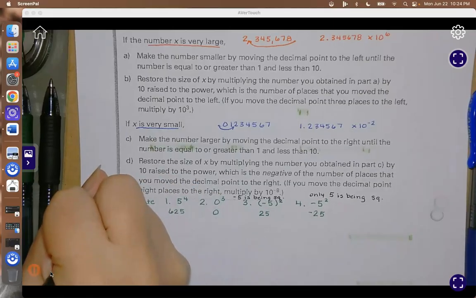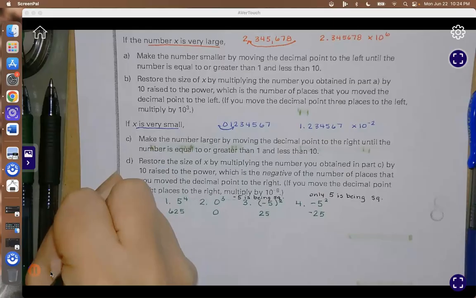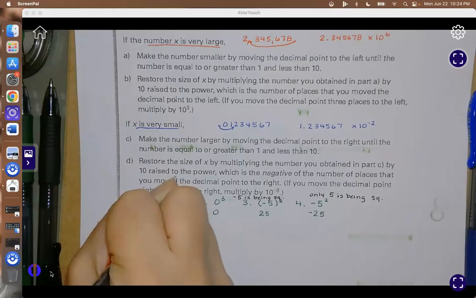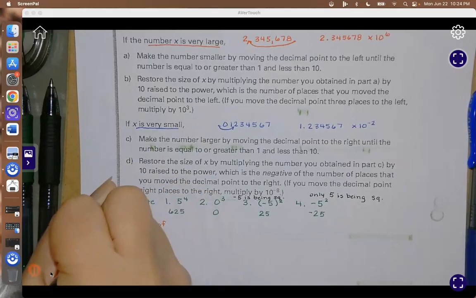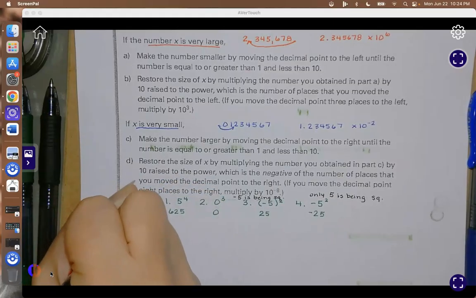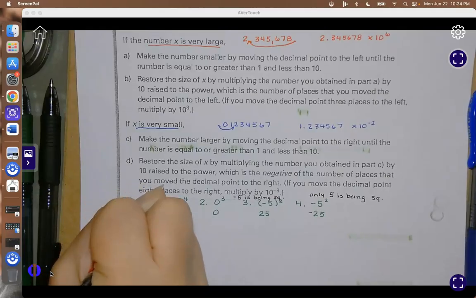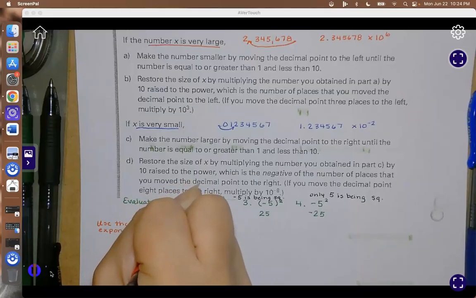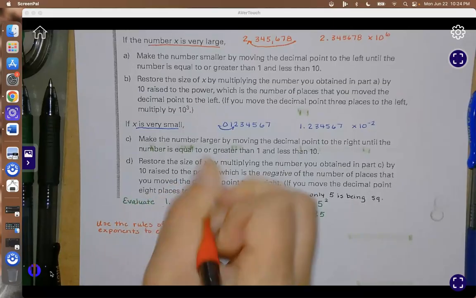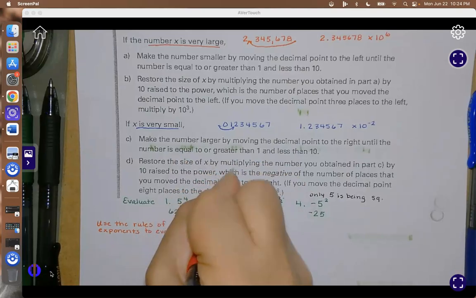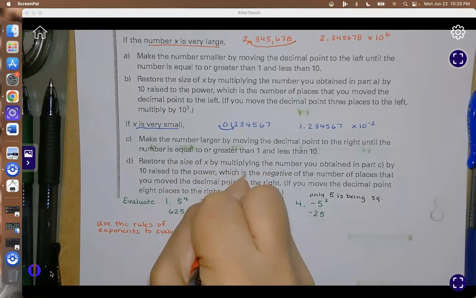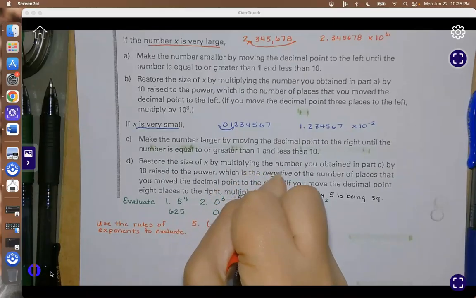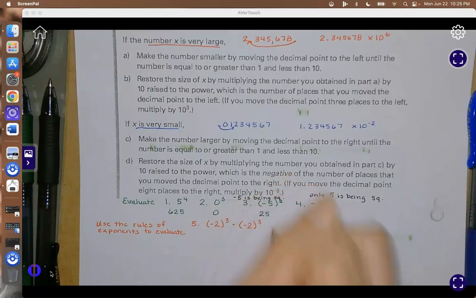The directions for this says use the rules of exponents to evaluate. So we have -2 to the third power times -2 to the third power.